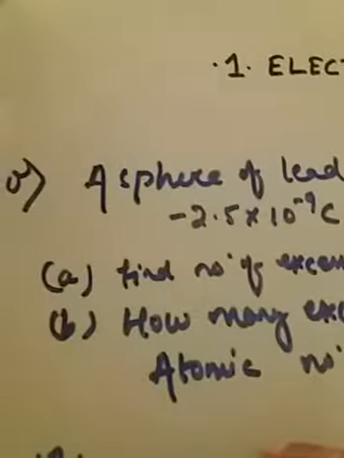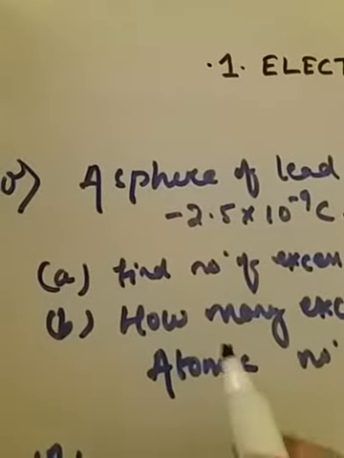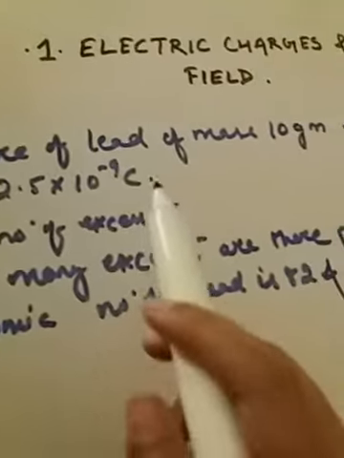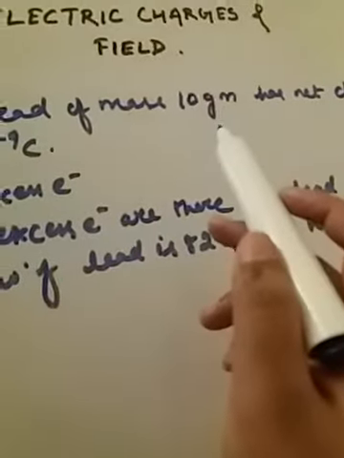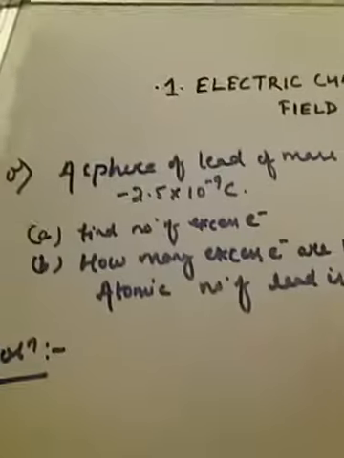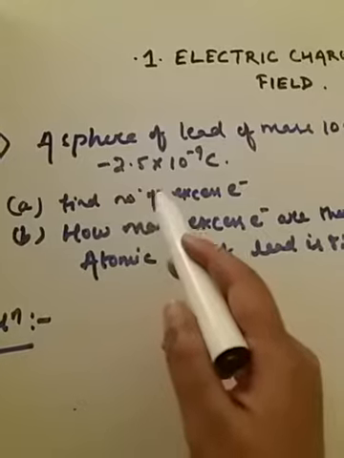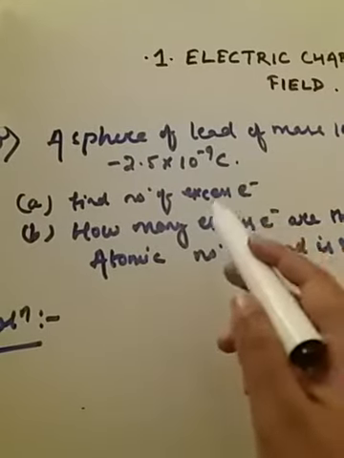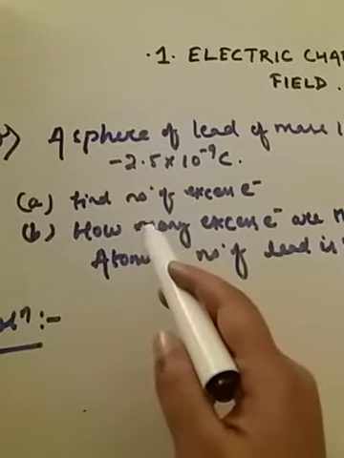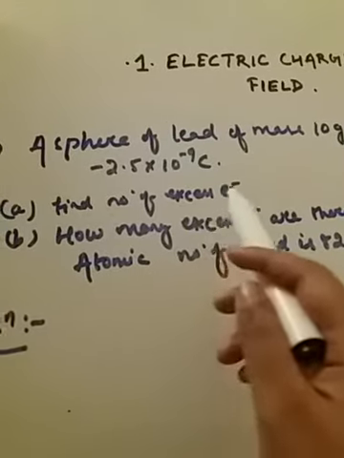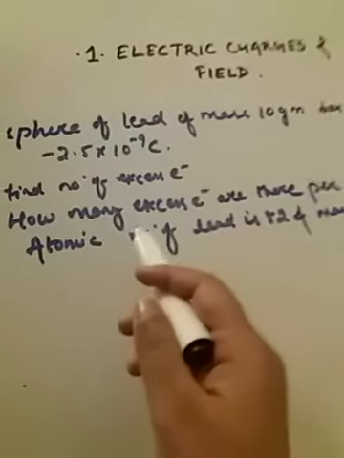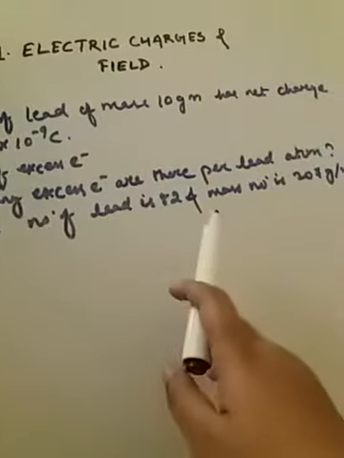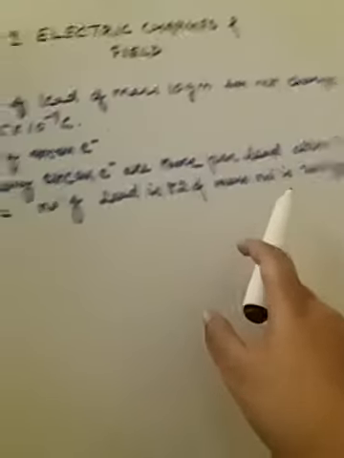Here the next question for you is: a sphere of lead of mass 10 gram has net charge minus 2.5 into 10 to the power minus 9 coulomb. Find the number of excess electrons on the sphere and how many excess electrons are there per lead atom.